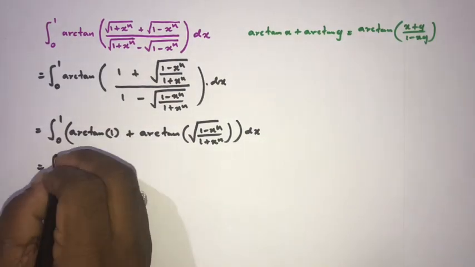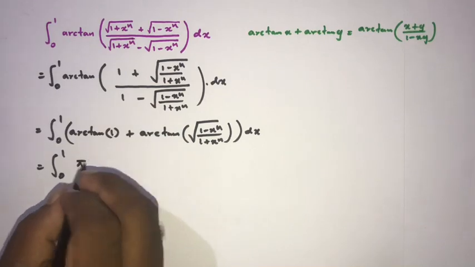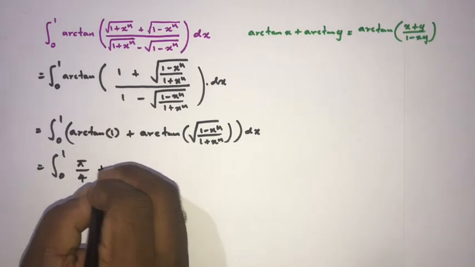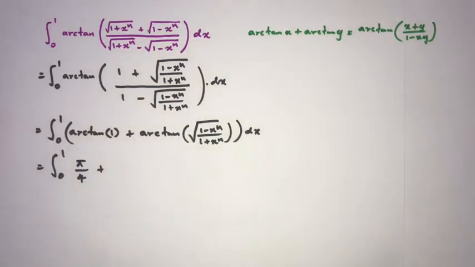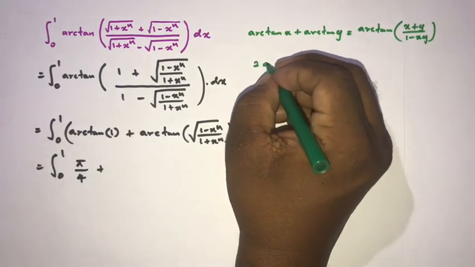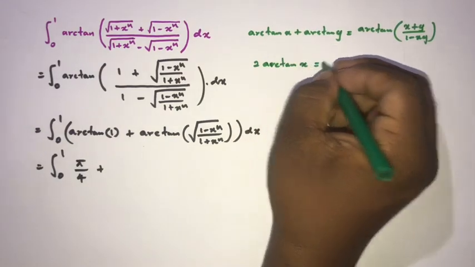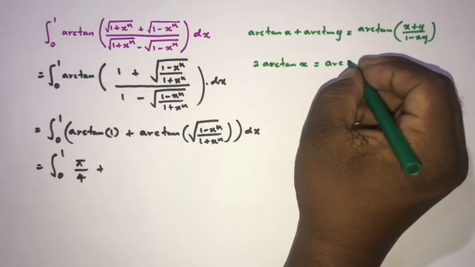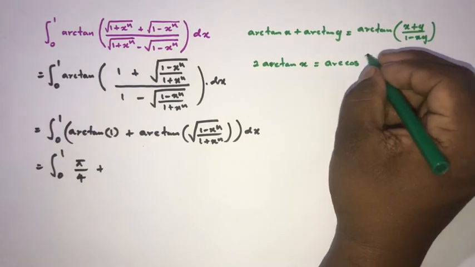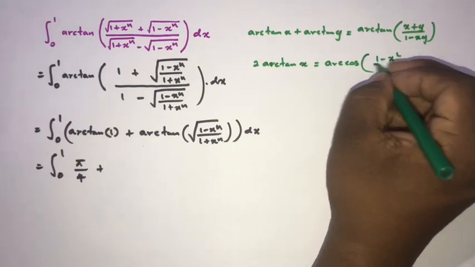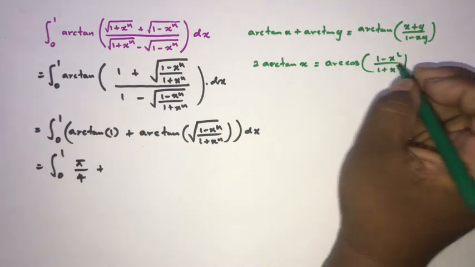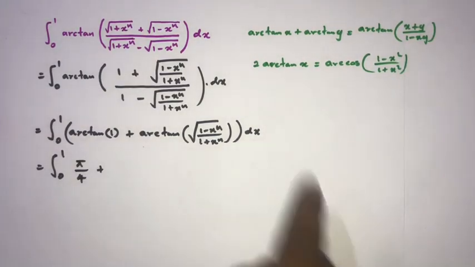Okay, then we know arctan of 1 is equal to pi over 4. So here 0 to 1 pi over 4 plus, then we know also this property 2 times arctan of x is equal to arc cosine of (1 minus x square) over (1 plus x square). Now I am going to apply this formula.